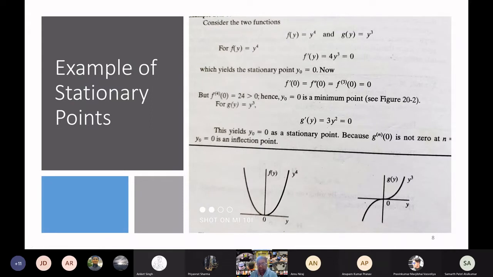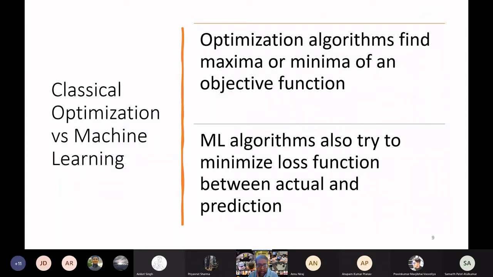So with this background, we may now look at why these are relevant for our machine learning problem. In classical optimization algorithms, exactly what we are discussing so far, we try to find the maxima or minima of an objective function, and often we also have a set of constraints. So based on the constraints, it becomes a constraint satisfaction problem.